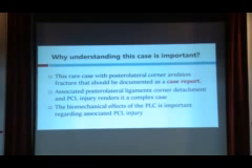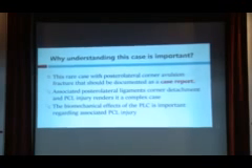Why is understanding this case important? This is a rare case with a posterolateral corner avulsion fracture that should be documented as a case report. Searching on the network shows one similar case, with similarities and dissimilarities.